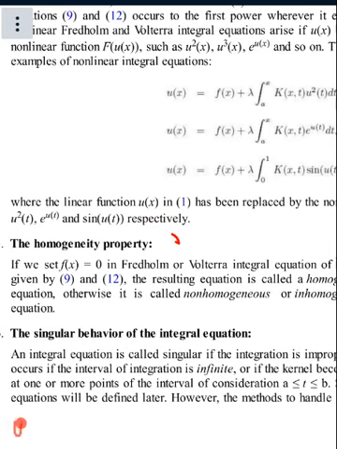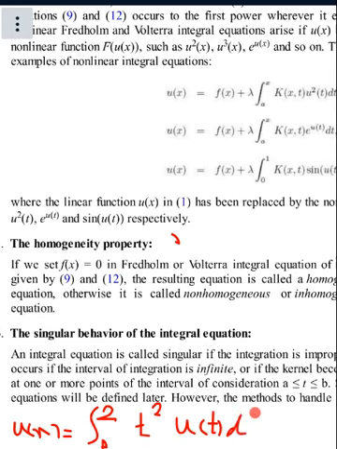Here we have u of x equals the integral from 0 to 2 of t squared u of t dt.